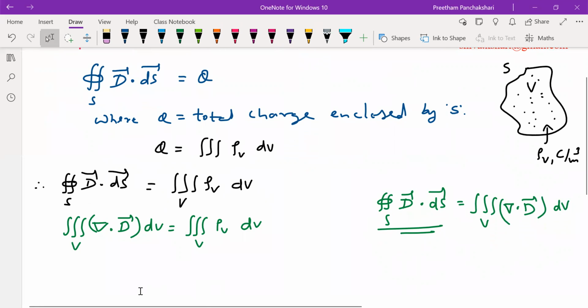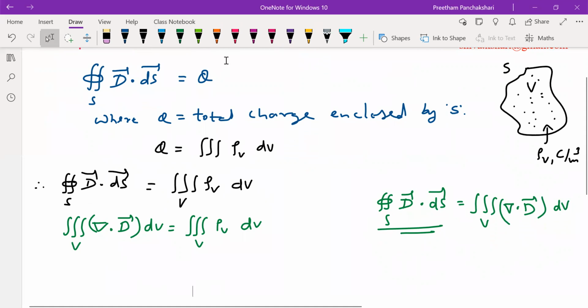But if you are interested to apply any particular theorem or law to a particular point or a smaller dimension, like differential length, differential surface, or differential volume, then integrals are not required.